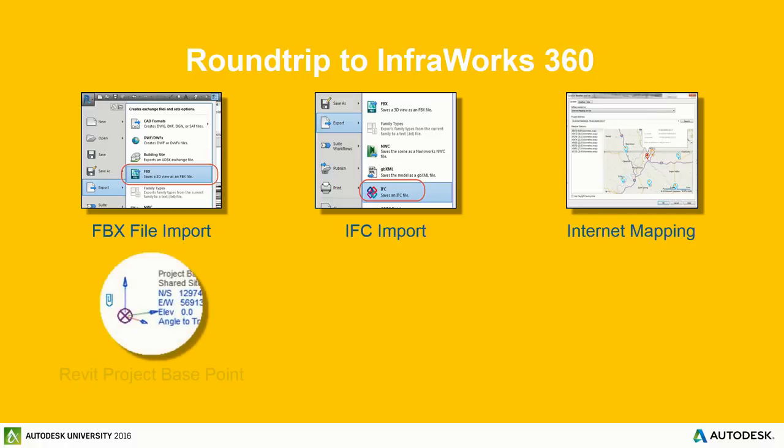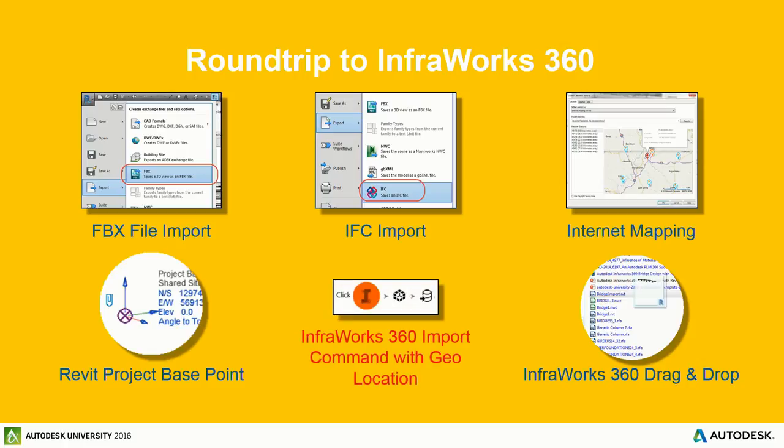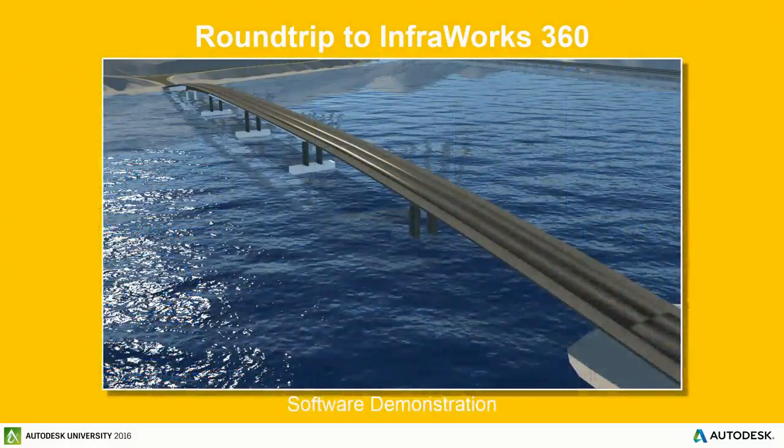Internet mapping with the project base point. Okay. Obviously using the InfraWorks, but we can just drag and drop, which I tend to find a nice, easy way to do it. And then obviously we're going to go into the command itself for importing it within InfraWorks 360. In the end, this is what a Revit bridge looks like within InfraWorks. And that's kind of the approach.